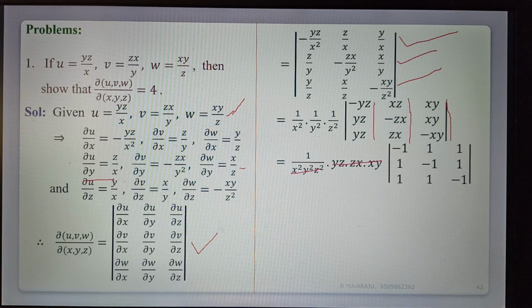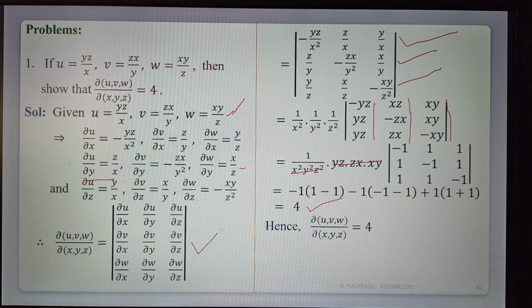Now finding this determinant: minus 1 into 1 minus 1, minus 1 into minus 1 minus 1, plus 1 into 1 plus 1, that is equal to 4. This is the required Jacobian of u, v, w with respect to x, y, z. This is an example on the Jacobian.